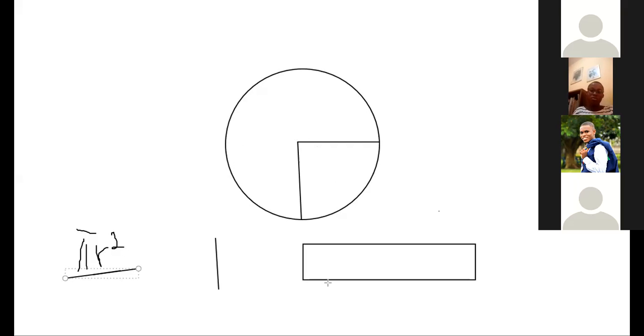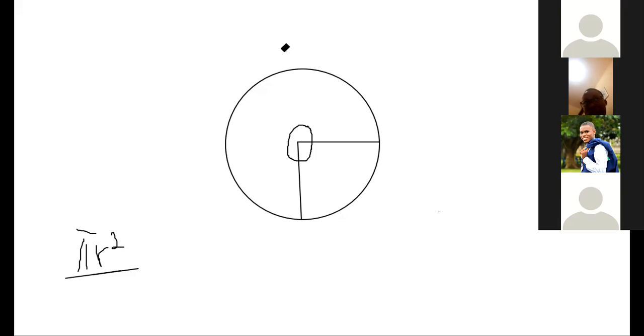Now, with our knowledge in the circumference of a circle, we can say that if we are walking around the full circle, it means that we are walking in an angle of 360 degrees. Is that okay? It means that we are working with an angle of 360 degrees.